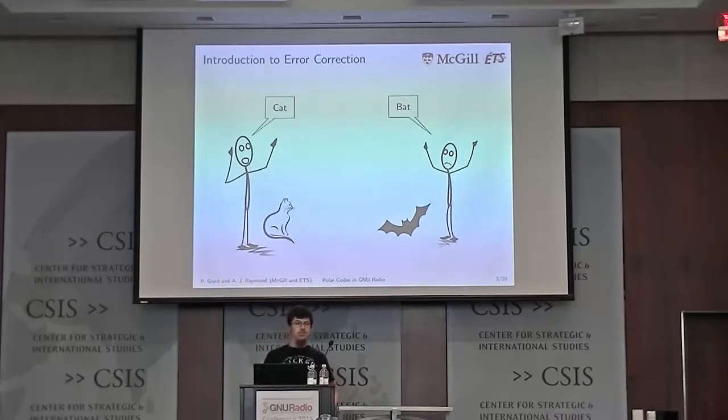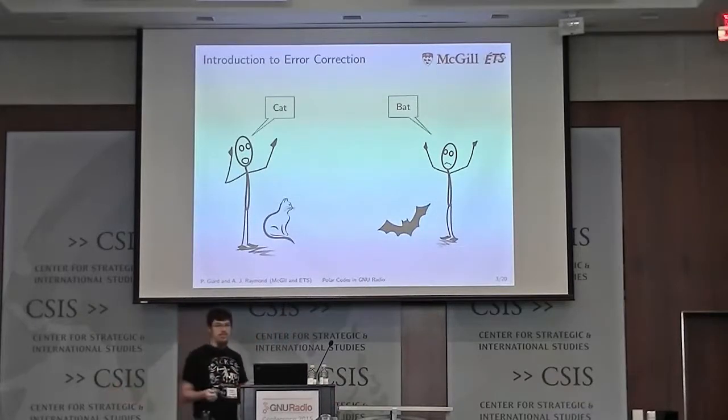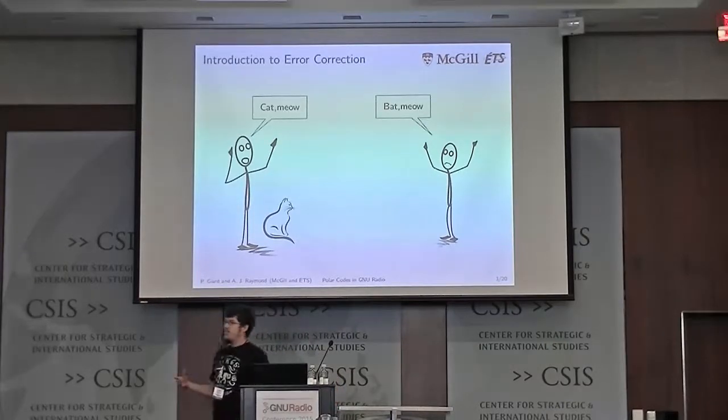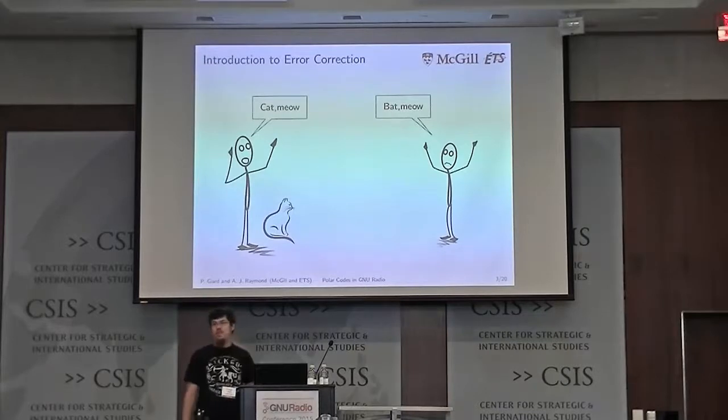So what we do, the people in error correction, is add some redundancy to the message before transmitting it, so that the receiver, in this case the other guy, is able to figure out that there's been an error and fix it. In this example, the redundancy we can add is some more information about the message: meow. So the guy says cat, meow.